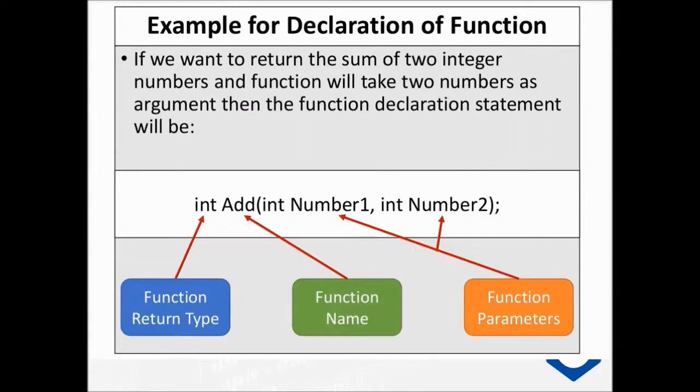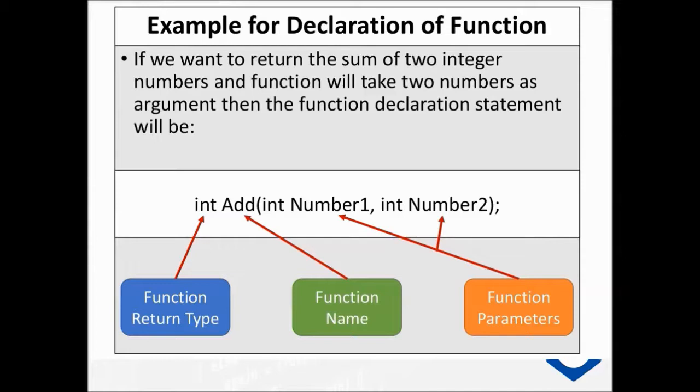So again, an example of the declaration of a function: if we want to return the sum of two integer numbers and the function will take two numbers as arguments, then the function declaration statement will be int add, and in parentheses, number one and number two.